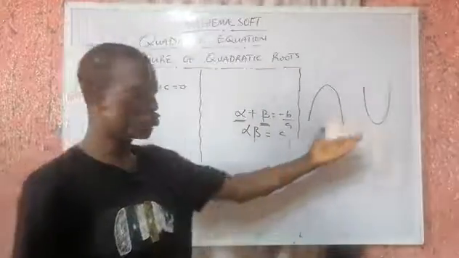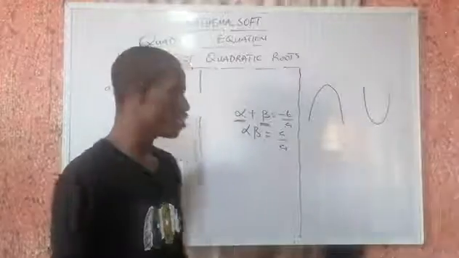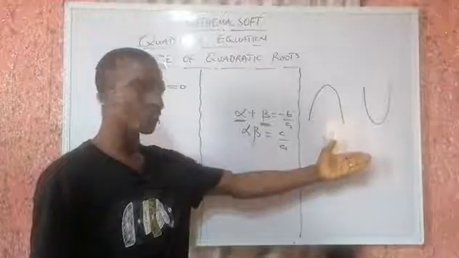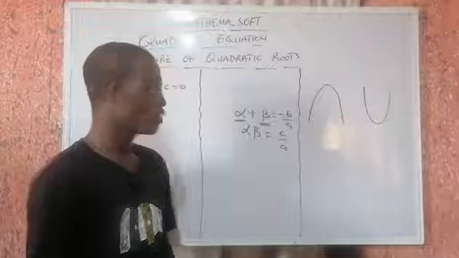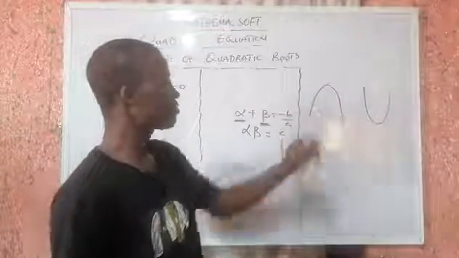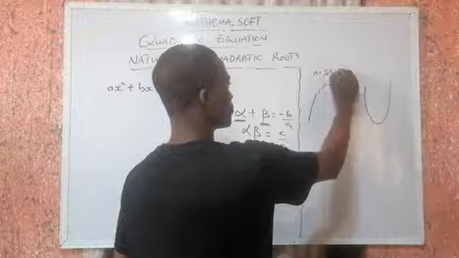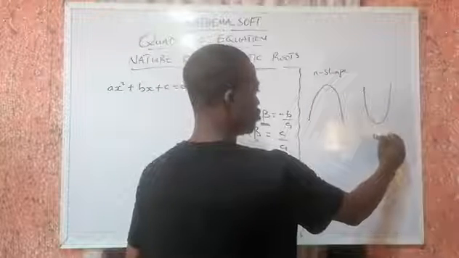These are the two basic shapes we can give to a quadratic equation. And these are the basic shapes for a quadratic graph. Okay, so here we say it is N shape, okay, and here it is what? U shape.